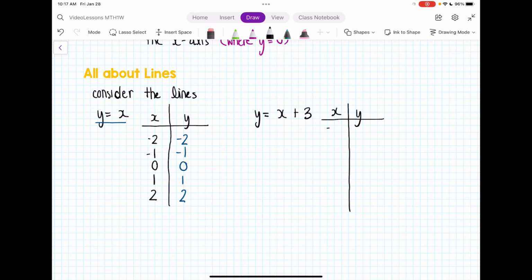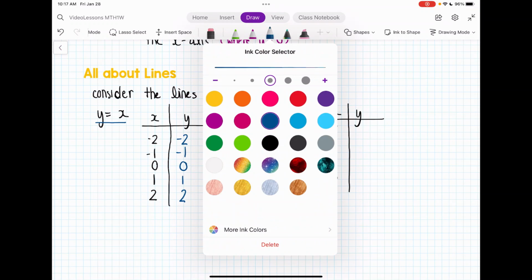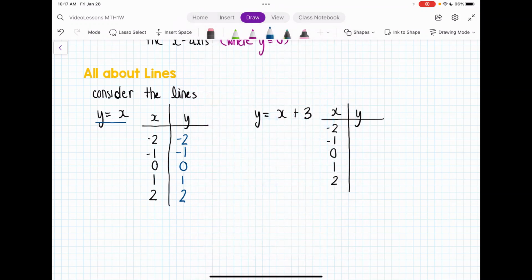So remember, we're going to use the same x values all the way, so that doesn't change. And then my y values, we're going to substitute in.